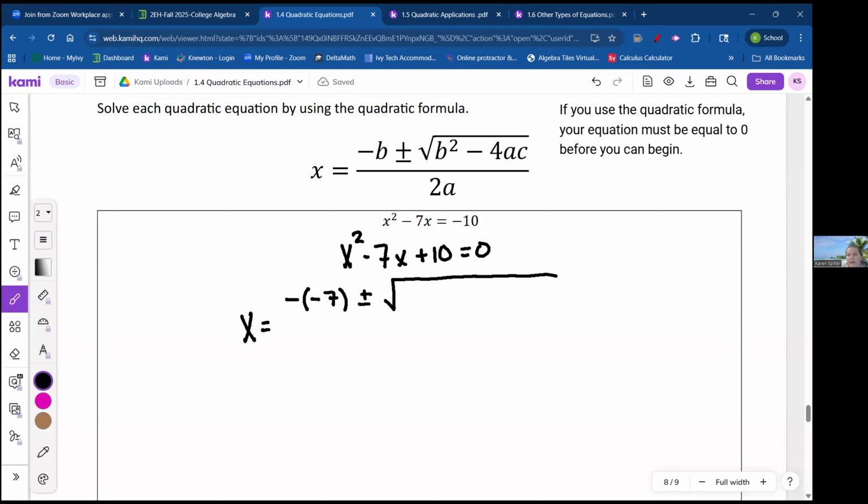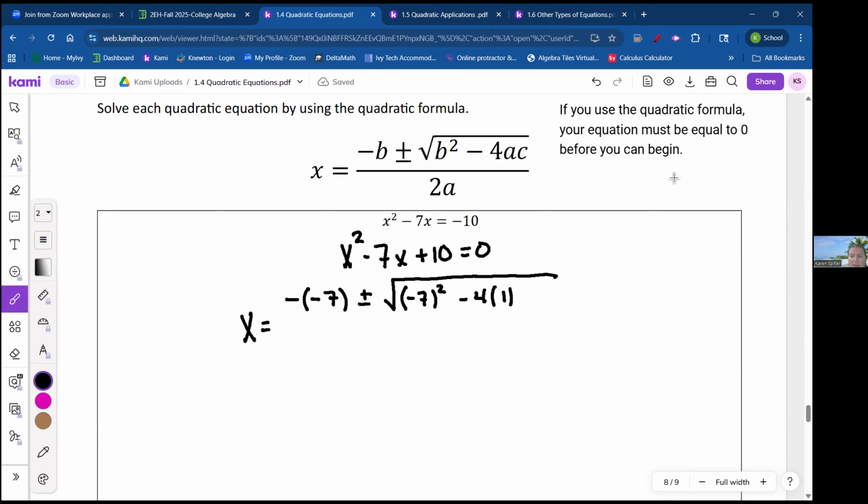The biggest mistake that folks make on this quadratic formula is they don't use parentheses. If you don't use parentheses for negative 7 squared, you are going to get the wrong answer, because negative 7 squared is positive 49, but if you just put negative 7 squared without parentheses in your calculator, it's going to tell you it's negative 49. There's a whole mathematical reason behind that that I'm not getting into today.